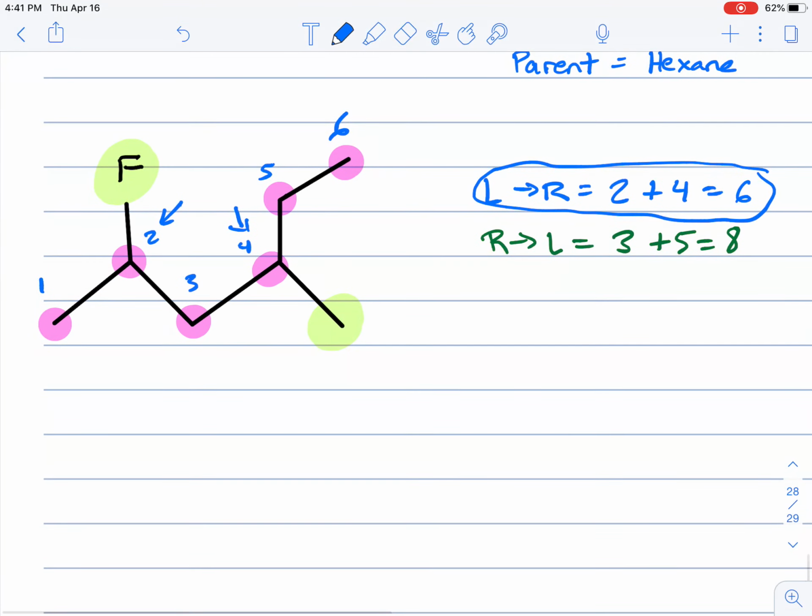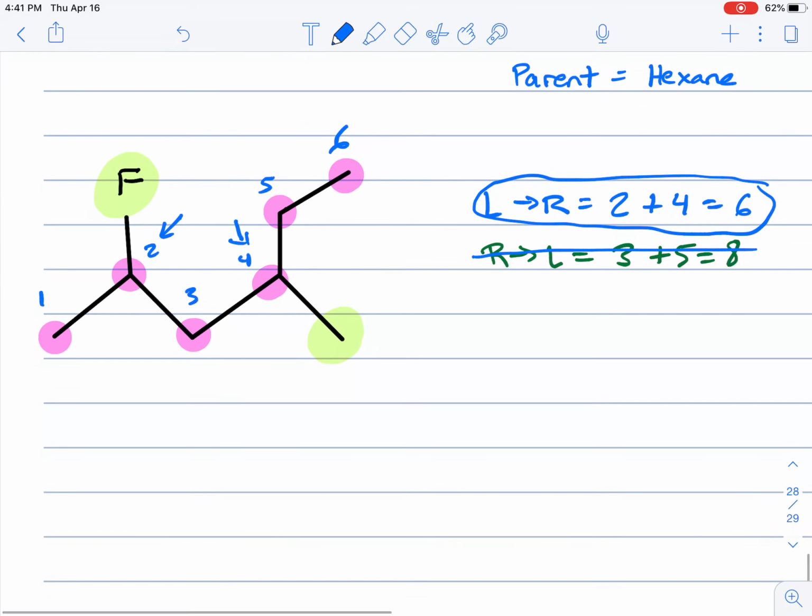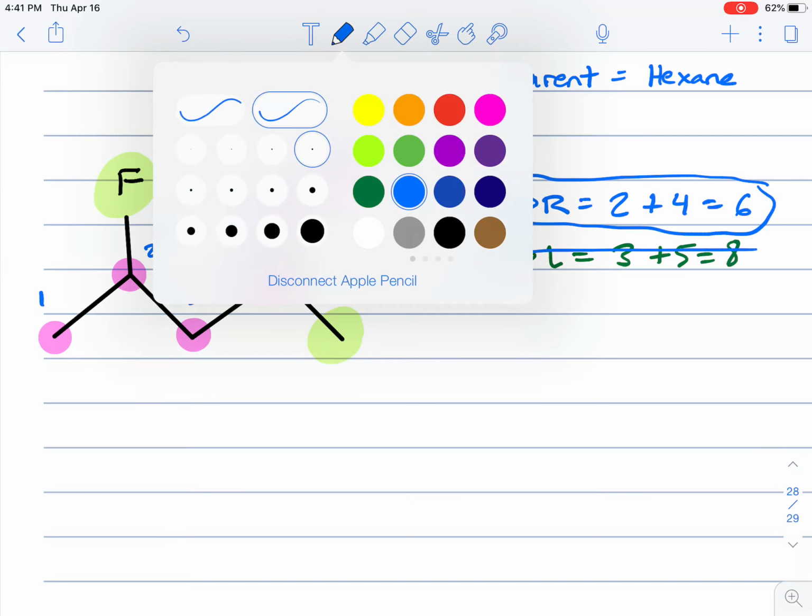Someday green will win, but for now it looks like the numbering from left to right is predominant in these examples. No idea why.